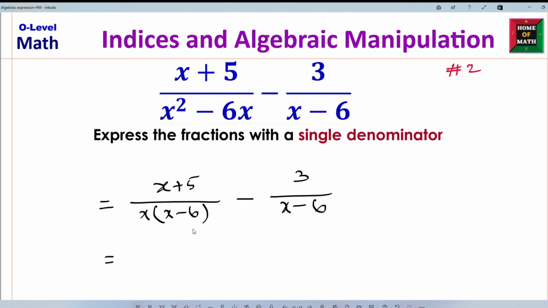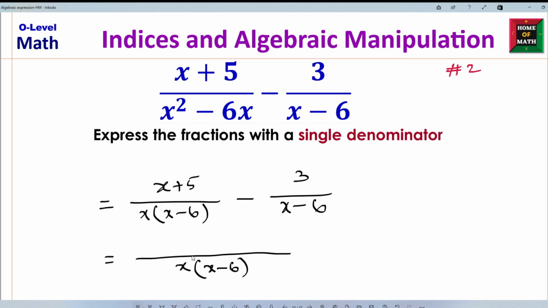So look here, for single denominator we will make an LCD, which is a least common denominator. So x into (x minus 6) and (x minus 6), this LCM is x into (x minus 6).